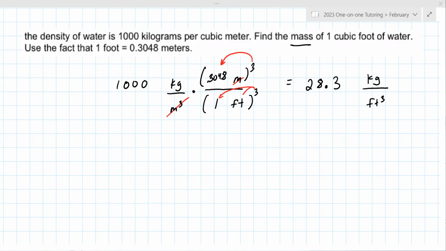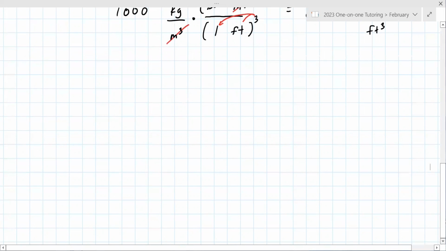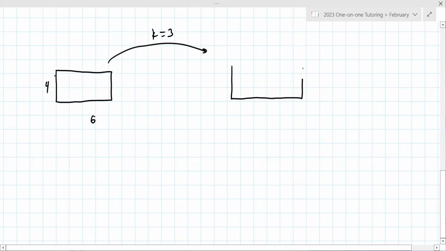Because there's some important stuff here that I'd like to briefly lead into. So let's say I give you a rectangle that's 4 by 6. And then let's say the scale factor is k equals 3. What are the new sides? It would be 12 by 18.